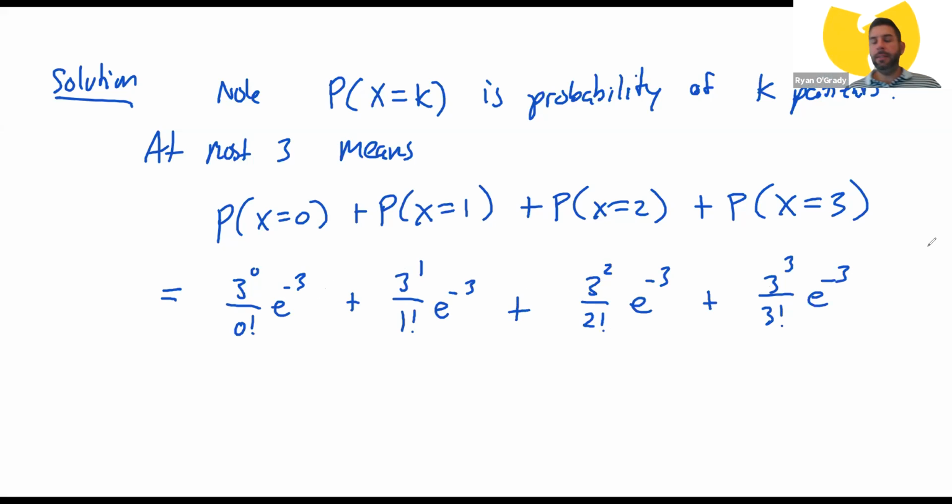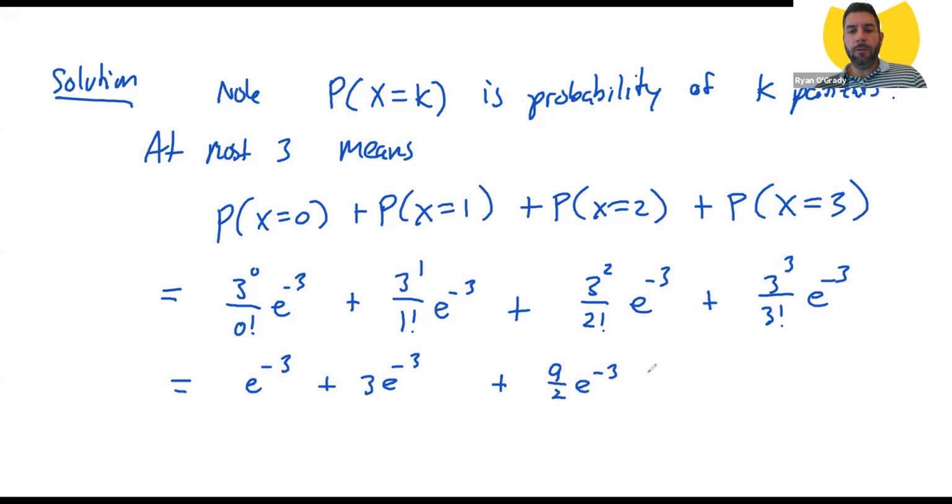What's nice about this is I have this e to the negative 3 everywhere. This is e to the negative 3, plus 3e to the negative 3, plus 9/2 e to the negative 3, plus, so 3 cubed is 27, and then 3 factorial is 6.